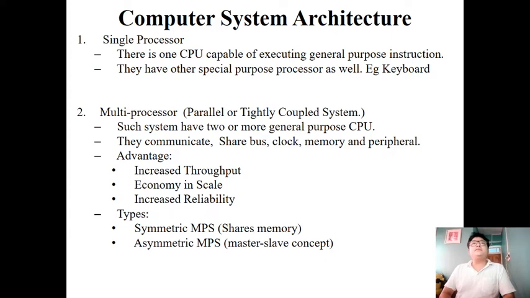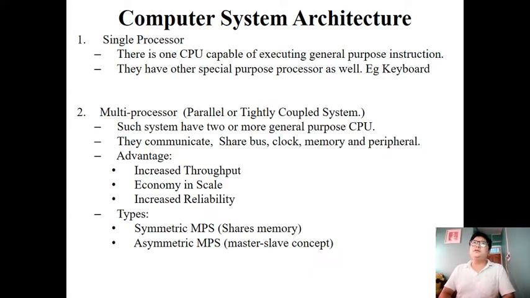In this kind of system, there are several advantages which I am going to explain. The first advantage is throughput. In a multiprocessor or tightly coupled system, there will obviously be increased throughput because there is more than one CPU available for executing the user instructions.